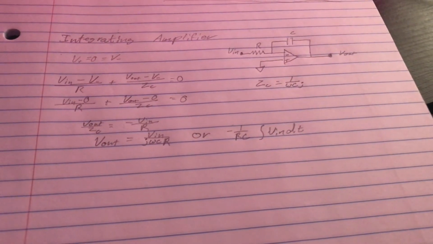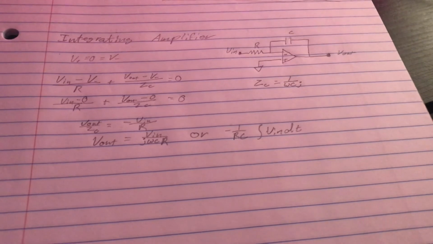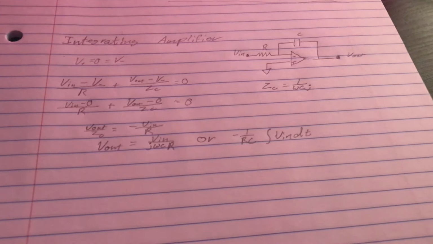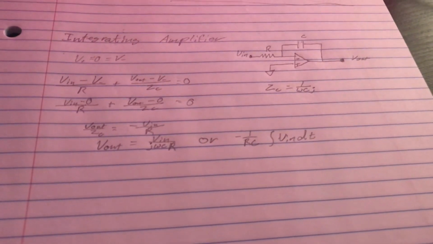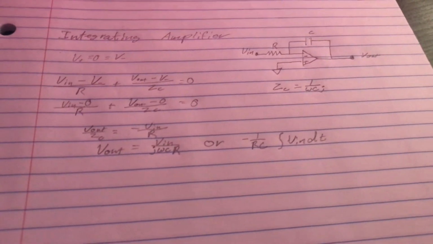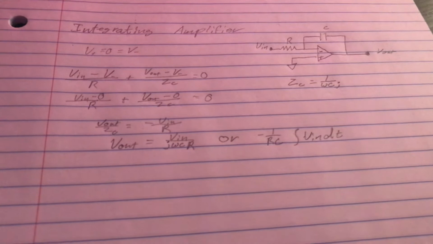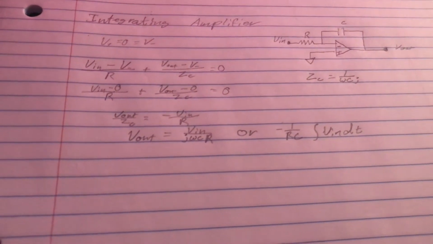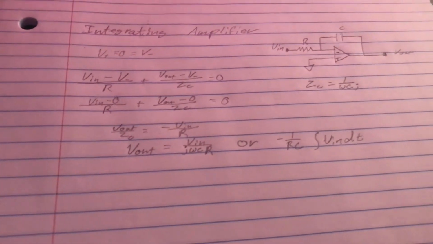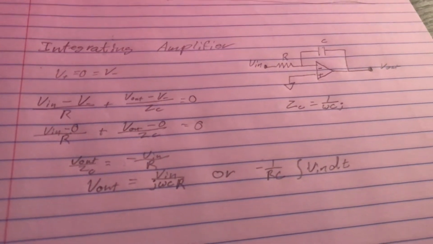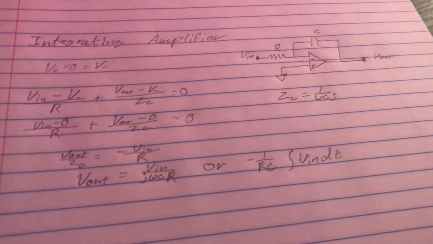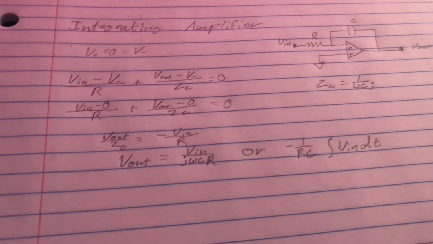Here's the work for the integrating amplifier. We set V plus, which is equal to V minus, which is equal to 0, and then with the capacitor, we did current law to get Vn minus V minus over R, and then V out minus V minus over Z sub C, which is the impedance of the capacitor.